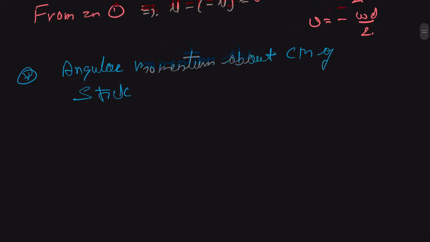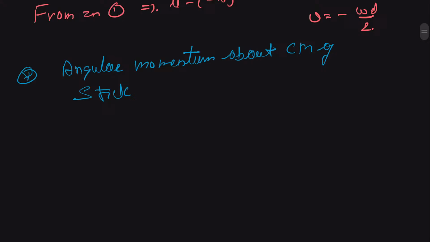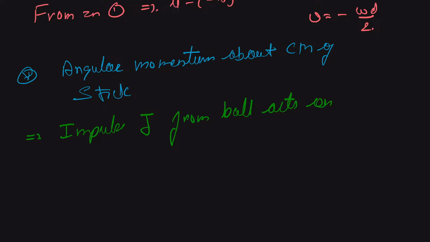So let us assume that there is an impulse J from the ball which acts on the stick.